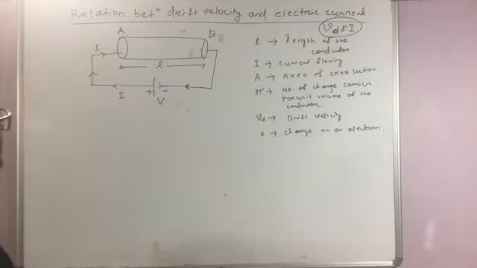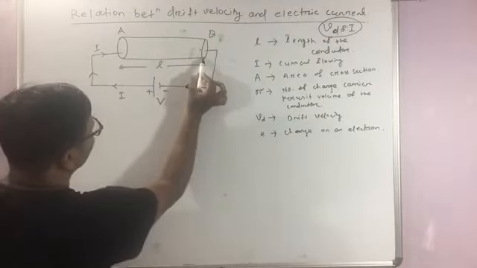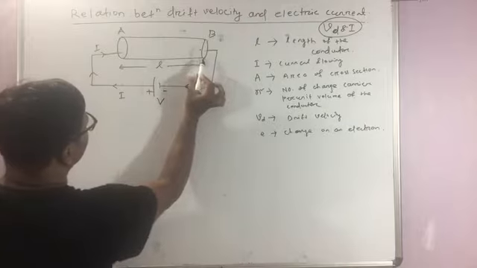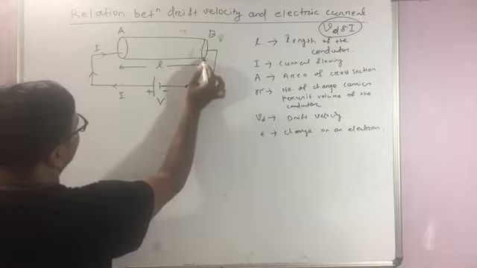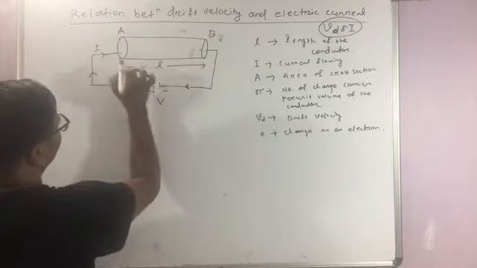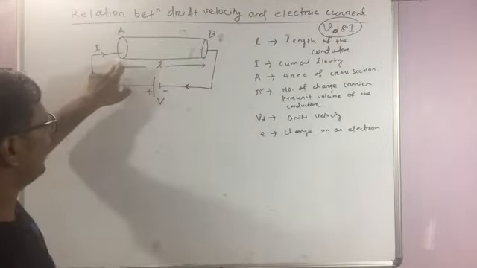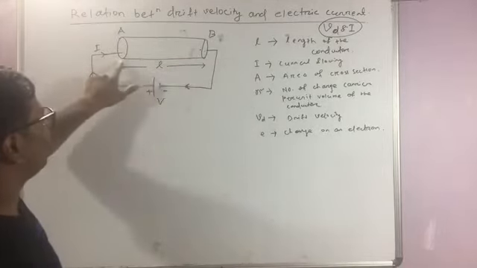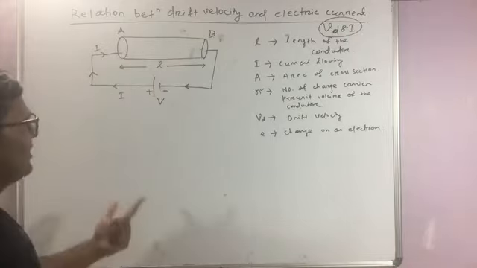Now suppose an electron is taking time t from reaching the end A starting from B, meaning the length of the conductor is L. To cover that length L, an electron takes time t.